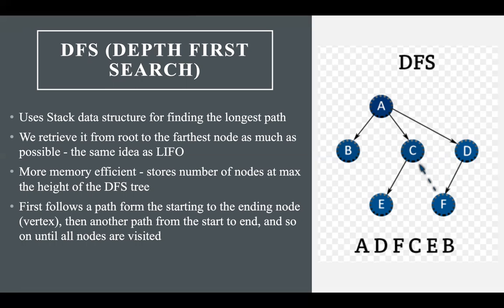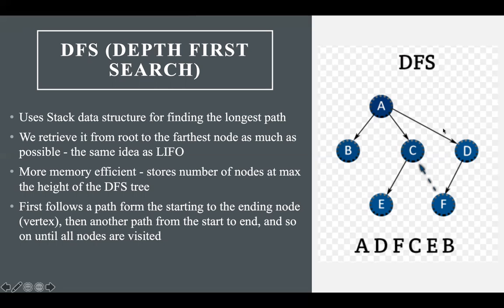It is more memory efficient because it stores a number of nodes at most the height of the DFS tree. First it follows a path from the starting to the ending node, then another path from start to end, and so on until all the nodes are visited.